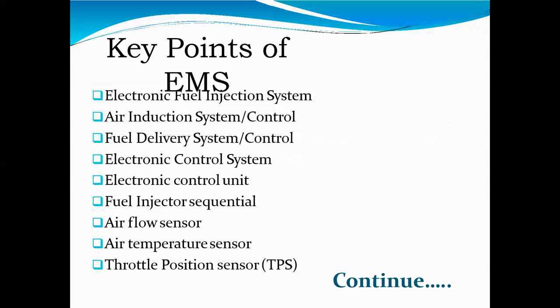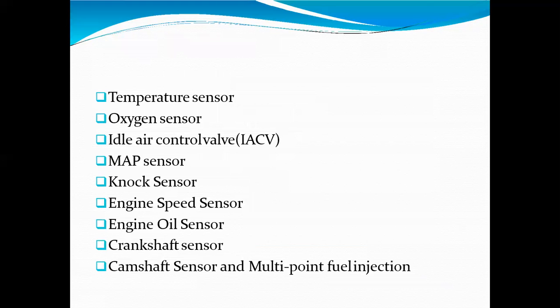EMS has an electronic fuel injection system, air induction system, fuel delivery system, electronic control system, electronic control unit, fuel injection sequence, then airflow sensor, air temperature sensor, and the throttle position sensor. These are the different sensors used in the engine for smooth operation and high efficiency of the engine.